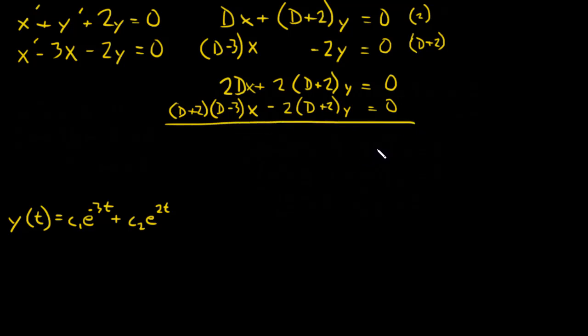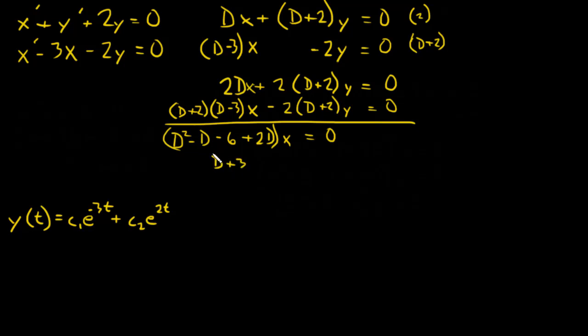So now that we've got that set up, I'm going to add them down, and when I get that, I'm going to get, if you'll allow me, d squared minus d minus 6 plus 2d x equals 0, which I know the 2d is going to make that a positive d, and I'm going to wind up with, what do you know, exactly the same thing.